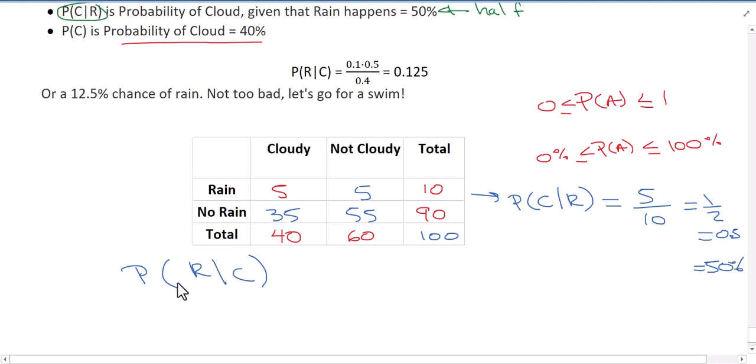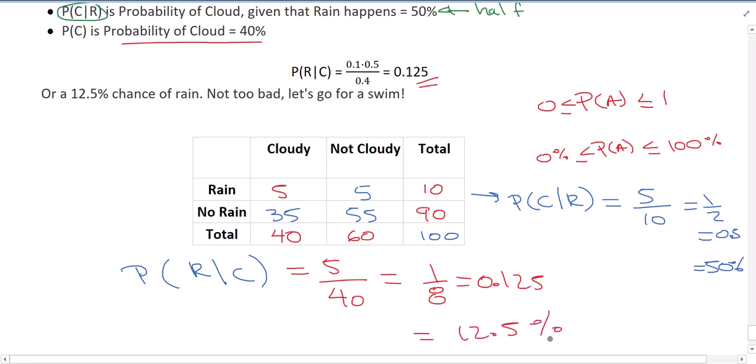So now the probability of rain given cloud is going to be the probability of rain and cloudy. So that again will be 5, but now I'm dividing by the cloudy days, so it's 40. So 5 out of 40, reduce that. What's that? That's 1/8, right? Because 5 goes into 40 8 times. And then as a decimal, that's 0.125. Hey, that's the same thing we got using the formula. So this still gives you 12.5%.